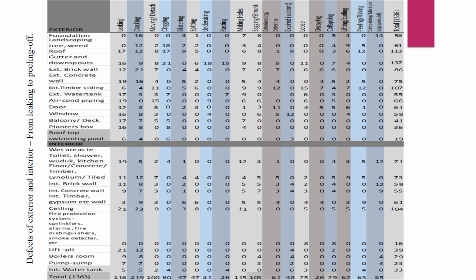From here, what we got here is the most is on the gutter problem, which is 137 defect cases. Okay, the most for the exterior is the gutter, I think including RWDP.